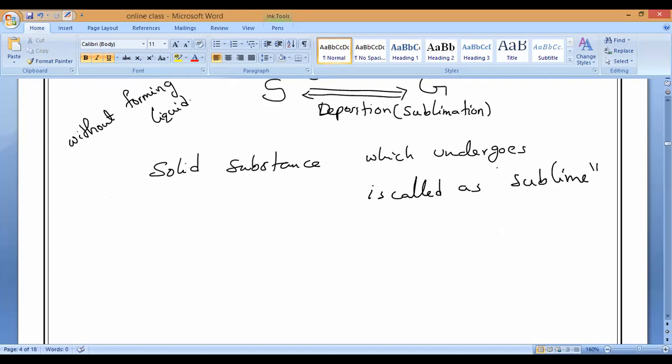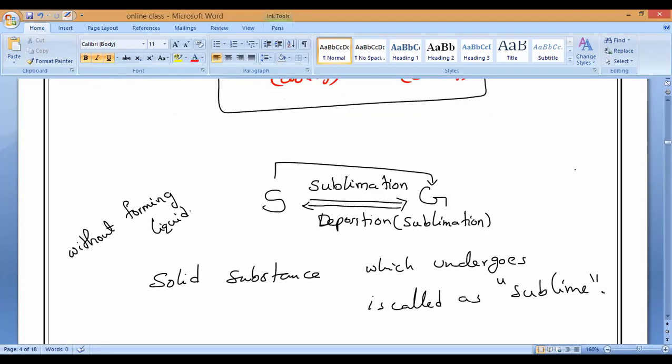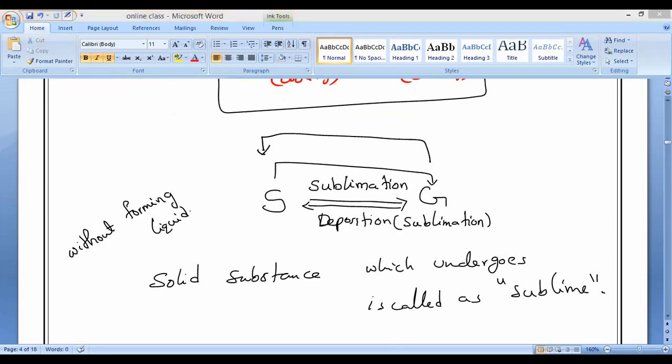Very important. Now, whatever substance forms as a solid from gas, both are the same only, but the solid substance that undergoes sublimation is called a sublime.